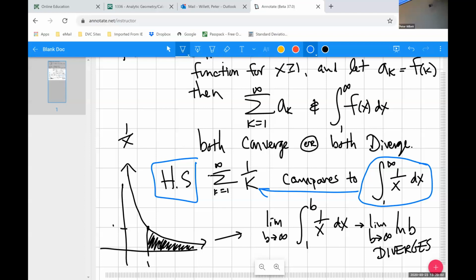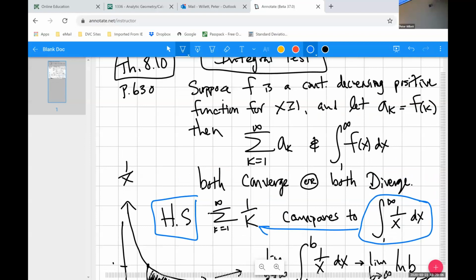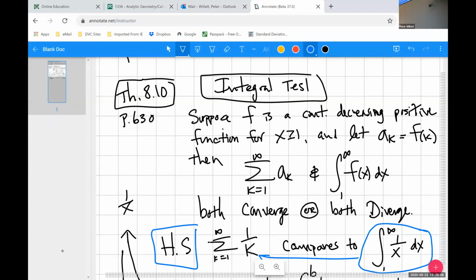So basically what the integral test allows us to do is to say, okay, if you are looking at a series, and if you look at the formula for the terms of the series, ask yourself, if that formula was a positive continuous function, would I be able to determine whether the improper integral for that function converged or diverged?